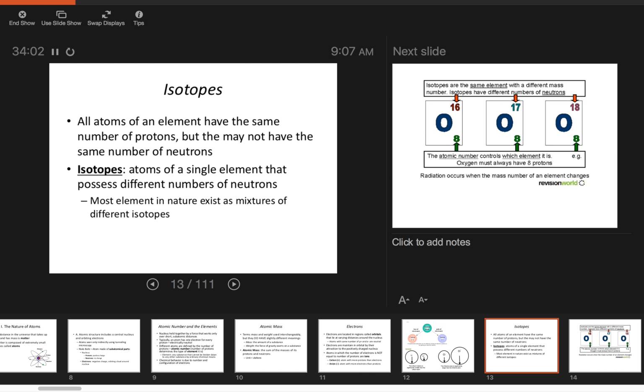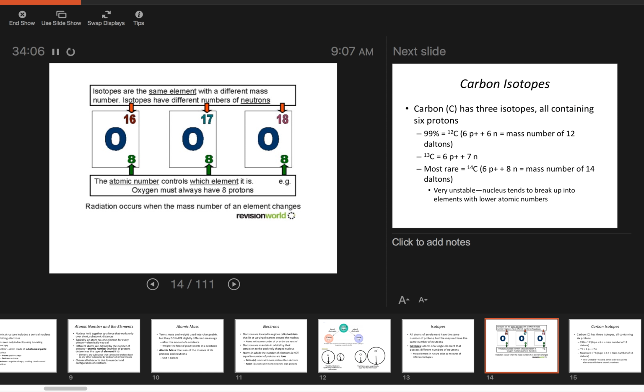Here's another example of an isotope, looking at oxygen. Oxygen has 3 different isotopes. Notice that the atomic number, which is the number of protons, stays the same, but my mass number changes. So this is oxygen 16, oxygen 17, oxygen 18.